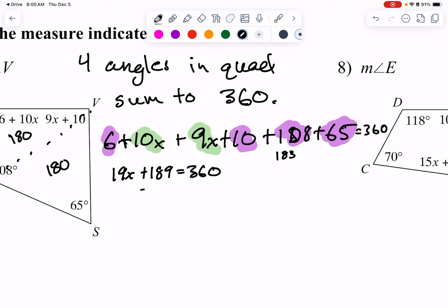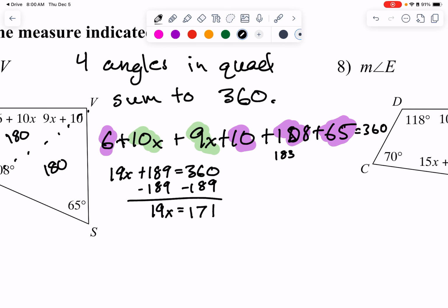Let's go ahead and subtract 189. That's going to give me 171 over here equals 19x over there. I have a feeling this might be like 8 times 19, but I'm not 100% sure.